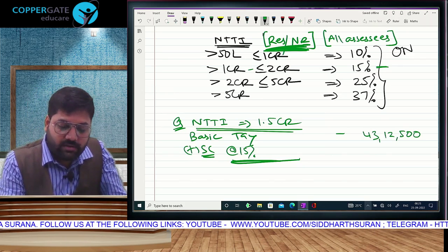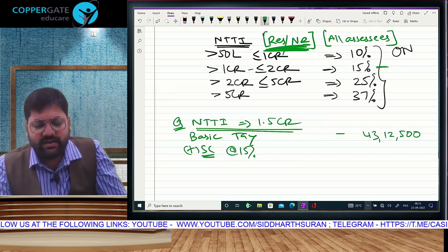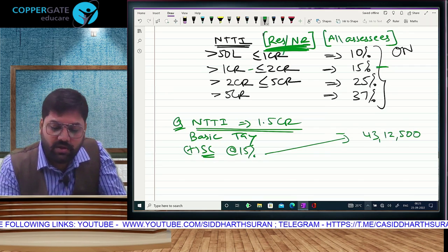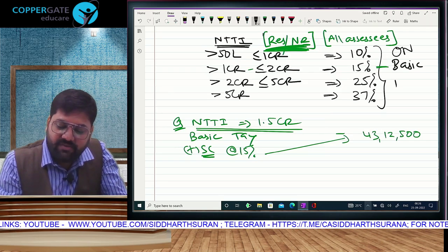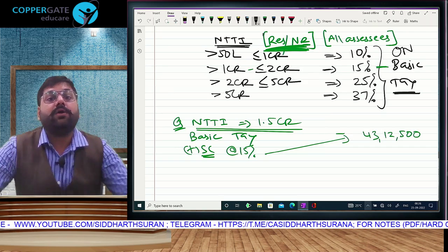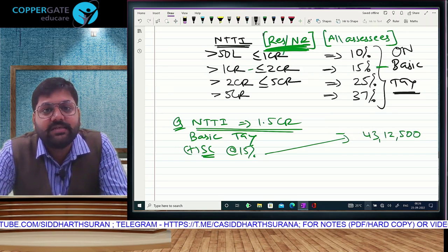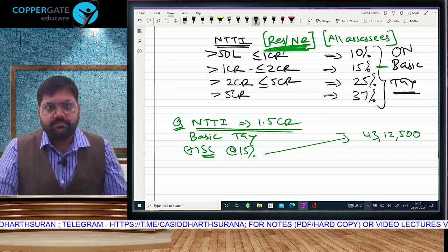Whatever you have been doing before today, I am not interested in knowing. 15% will be applied on your basic tax. The surcharge ka rate will always apply on basic tax. Surcharge is always a percentage of basic tax.